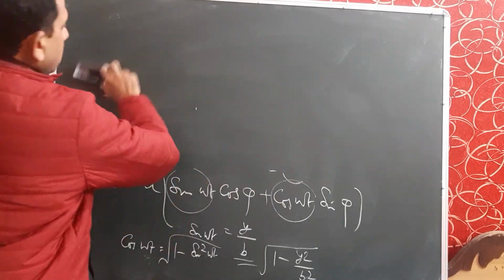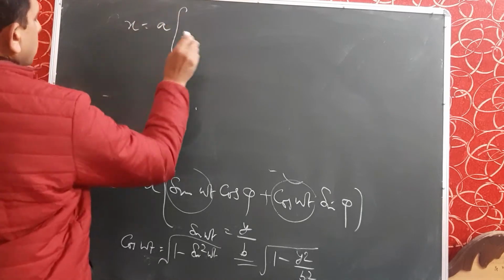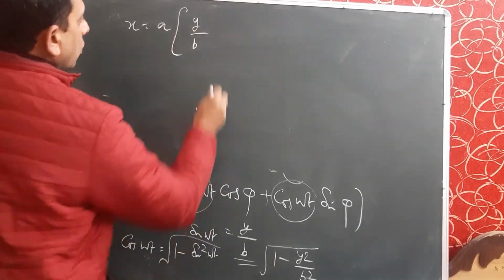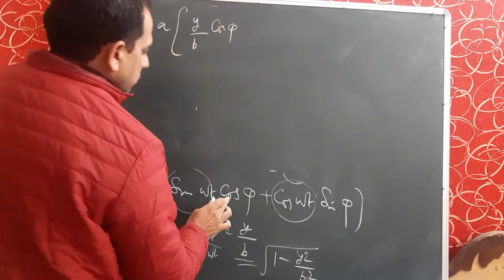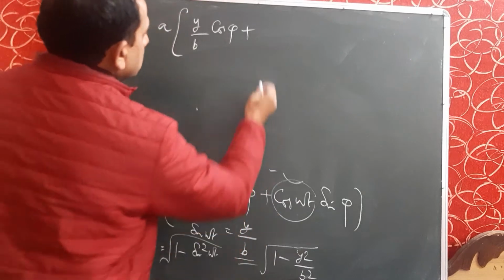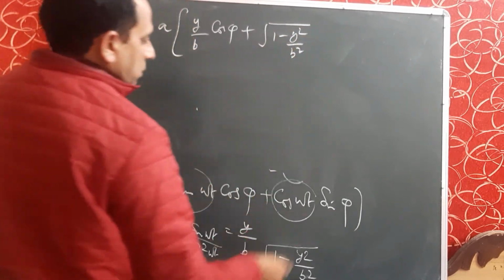And finally, we will get x is equal to a into sin omega t, means y upon b, into cos phi, because phi is constant, plus cos omega t, that is square root 1 minus y square upon b square, into sin phi.